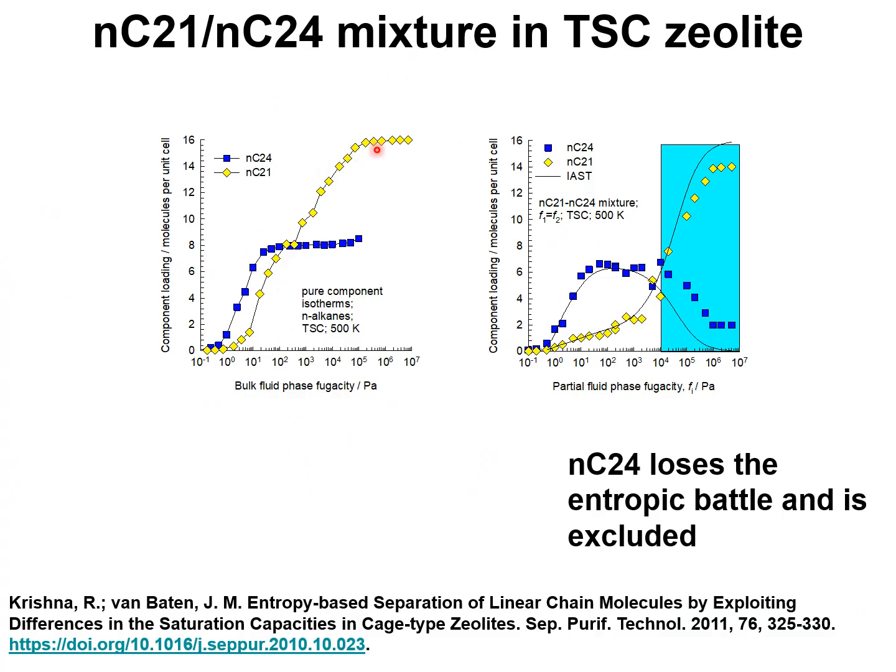I show here the unary isotherms for NC21, yellow diamonds. Blue squares are for NC24. The saturation capacities are respectively 16 molecules per unit cell for NC21 and 8 molecules per unit cell for NC24.